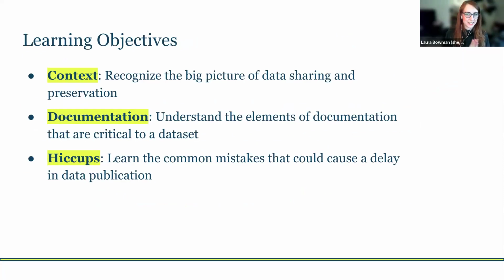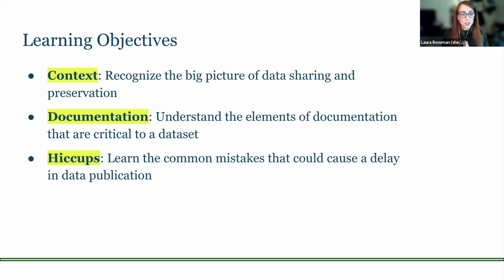So let's get into the bulk of the presentation. These are the learning objectives for today. So first, we're just going to set the stage, talk about context, big picture of data sharing, and then the main part of the presentation will be about documentation.